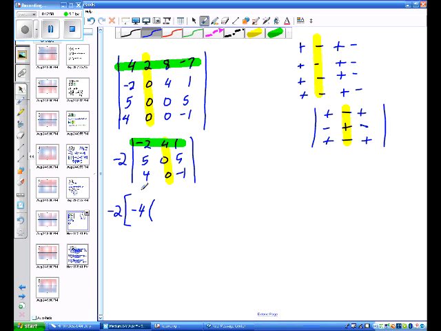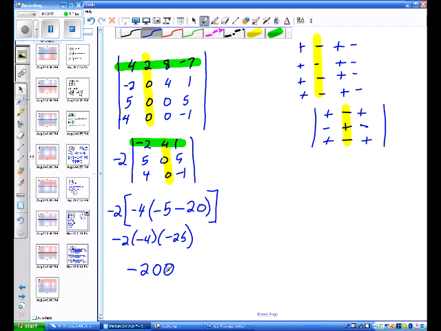Once you get down to a 2 by 2, then you can just do the product. So that would be negative 5 minus 20. So negative 2 times negative 4 times negative 25. So that would give me a negative 200.